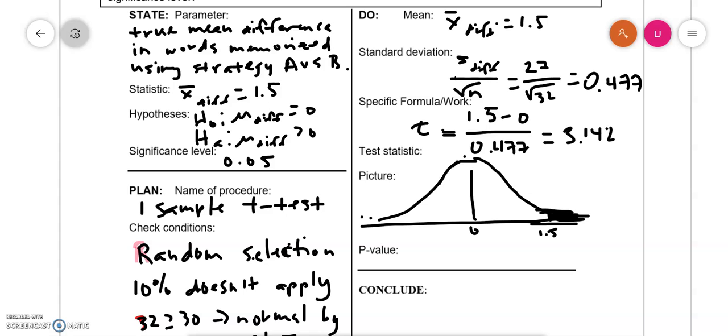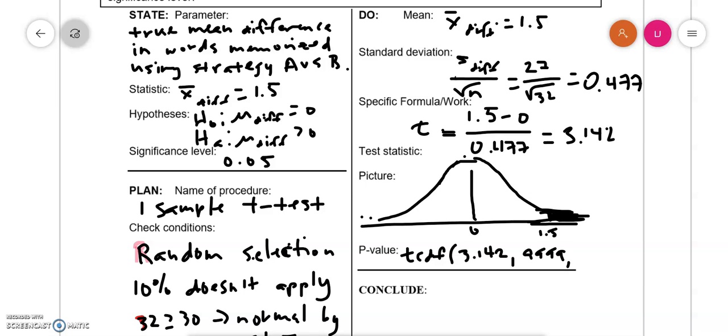All right, just because we're doing this by hand doesn't mean we can't have some calculator help, so we will have our tCDF. Our lower is the 3.142, or our t. Our upper, whatever, some big number.